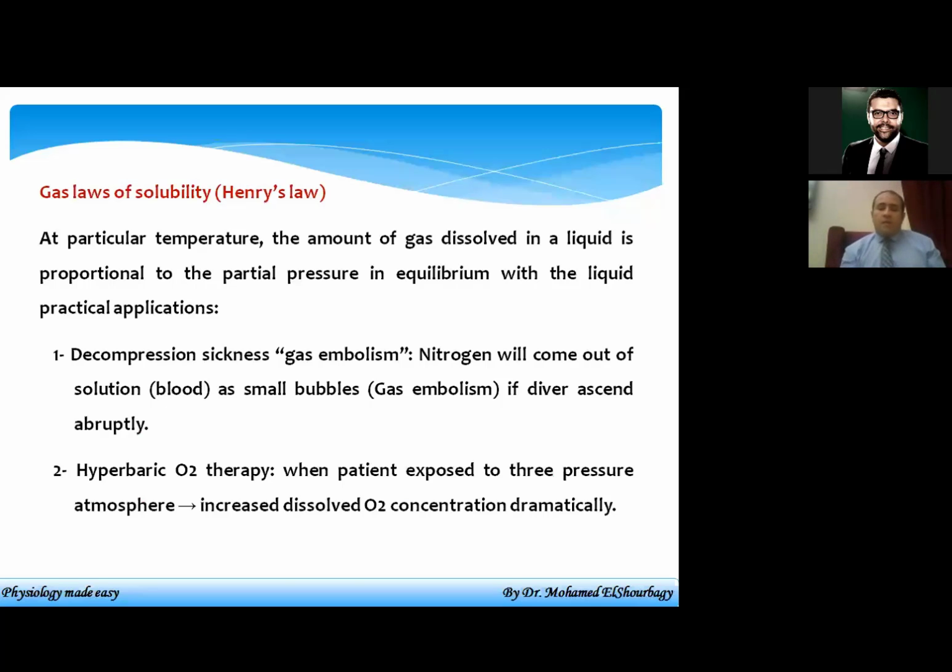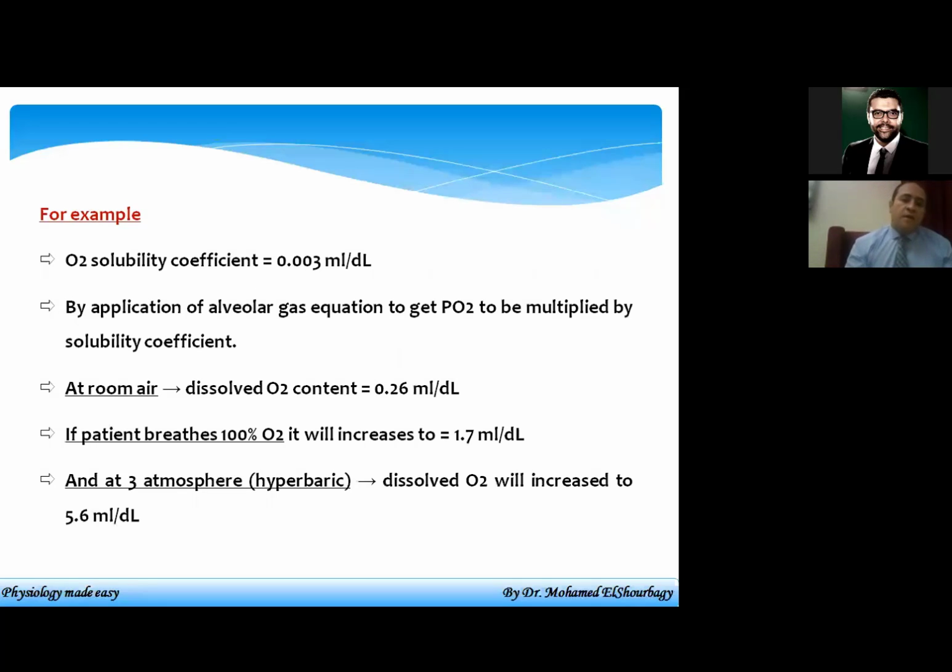Okay, we can move to the next slide for more information. For example, about the hyperbaric oxygen, the oxygen solubility coefficient will equal 0.003 ml per deciliter. Then, by application of the alveolar gas equation, we get the partial pressure of oxygen, to be multiplied by the solubility coefficient.